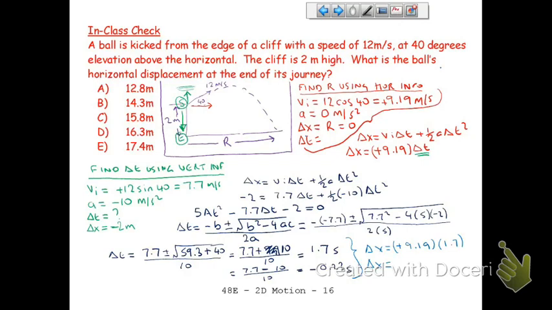I'm getting 15.6. Is there a 15.6 there? It's because you rounded earlier. Yes, fair enough, that was me. If I didn't round, it would be 16.3. I wish I'd not done that. 16.3. I rounded too soon. Watch out for that.